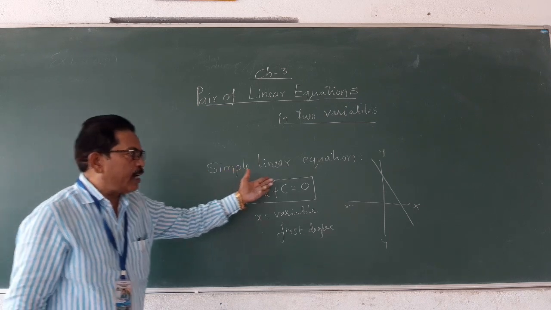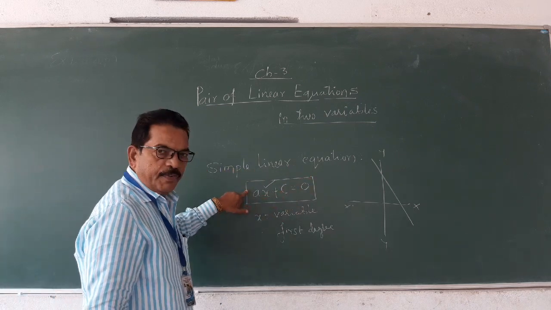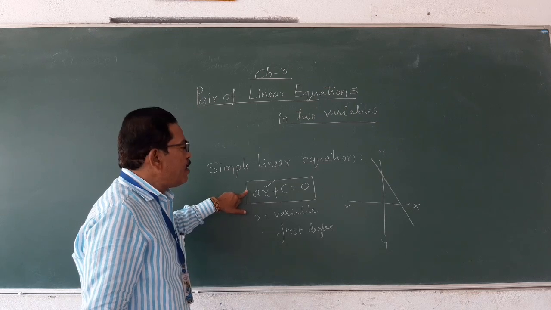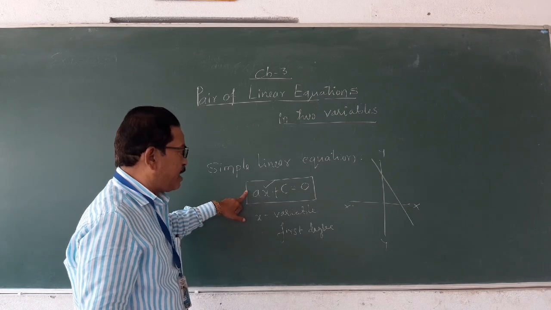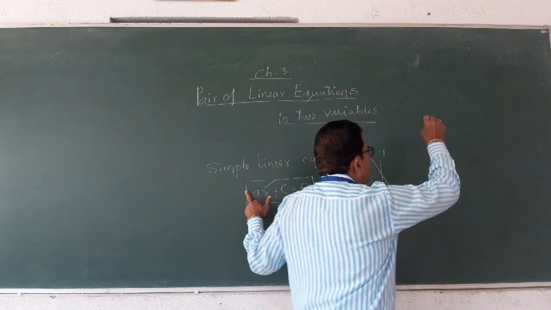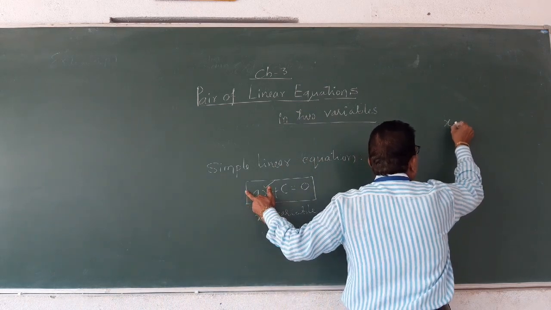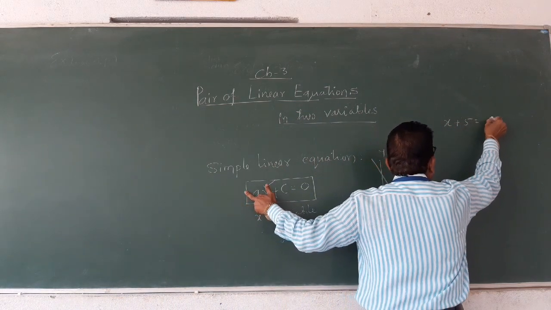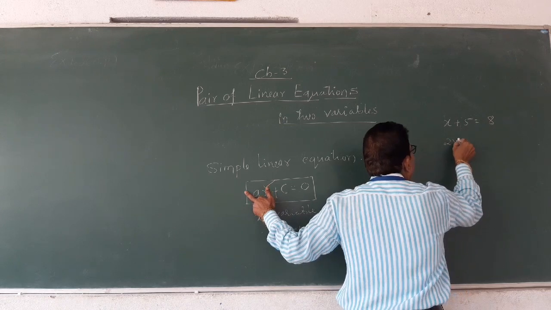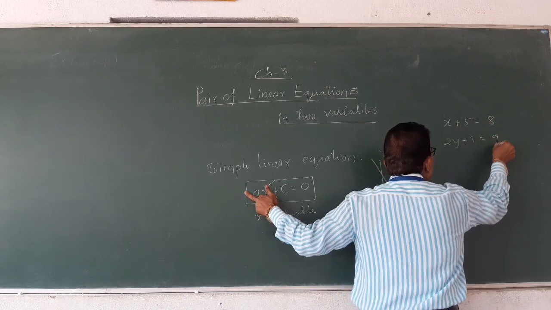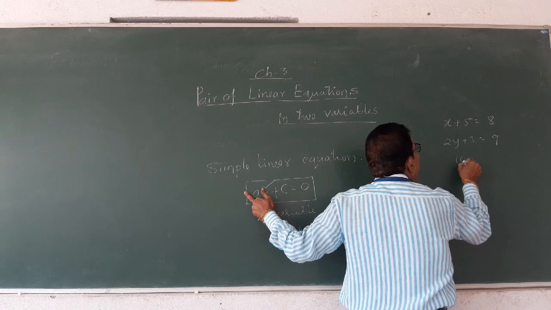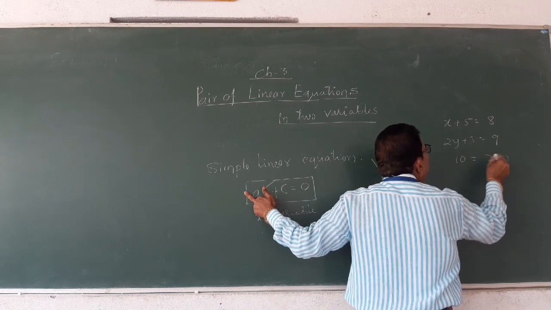You have also plotted the graphs considering different equations. If we think about examples, we have simple linear equations like x plus 5 equals to 8, 2y plus 3 equals to 9, 10 equals to 2m.